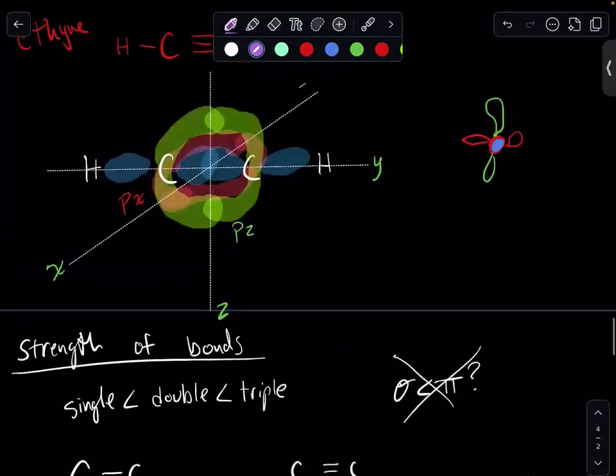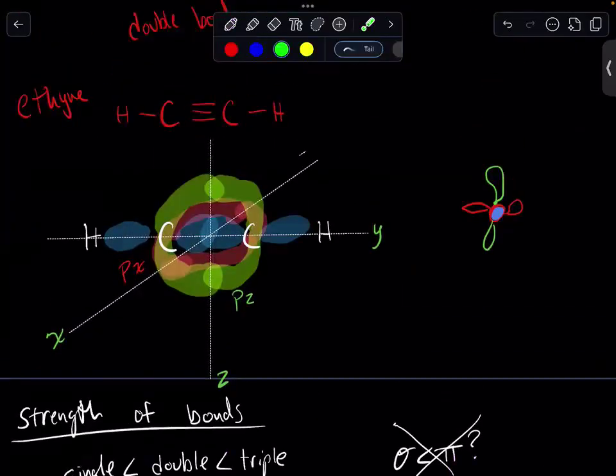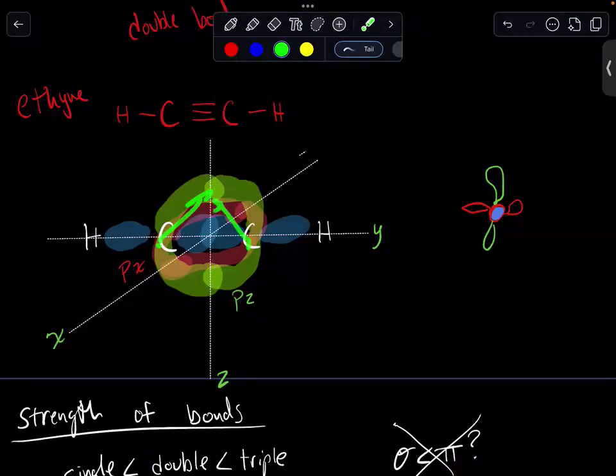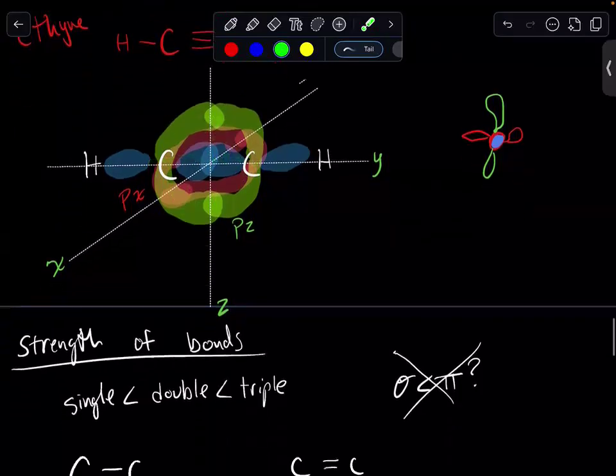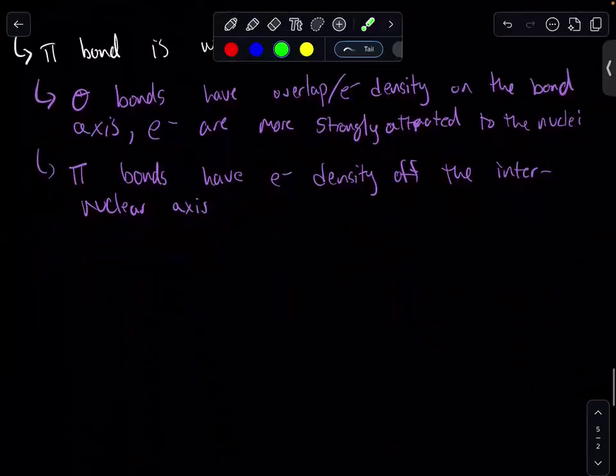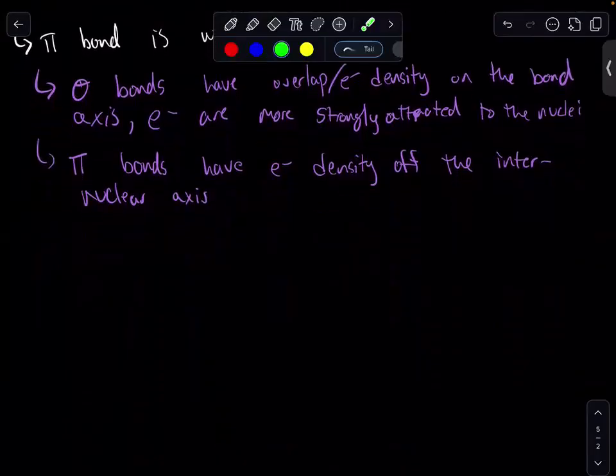We can literally see in our diagram that the nuclei of carbon are pulling in two separate spots off the internuclear axis, off the bond axis. That is going to be a much weaker pull than just one spot on the axis of the nuclei. That force is kind of being deflected almost, or being offset.